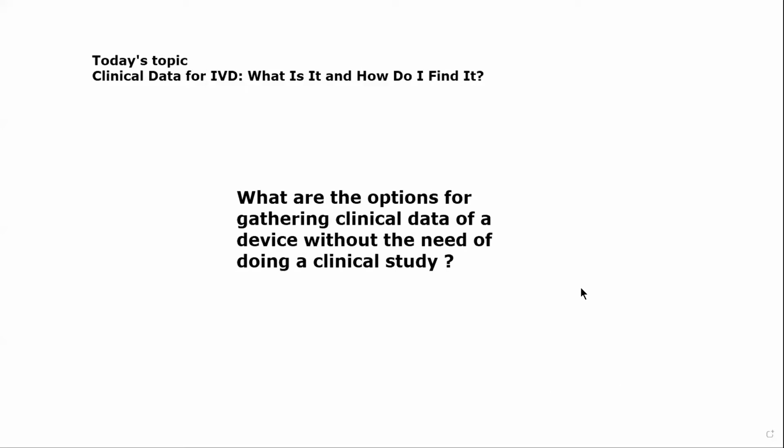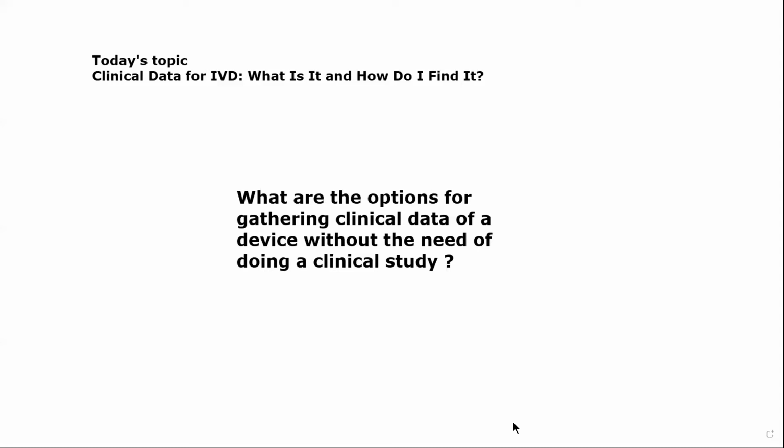This person is asking, what are the options for gathering clinical data of a device without the need of doing a clinical study? So yeah, this is where those two different data sources really come into play. If you're looking for published data sets versus your in-house data sets. In this case, your options for gathering the data without the need of doing a clinical study really depend on whether or not anyone else has done those studies for you.